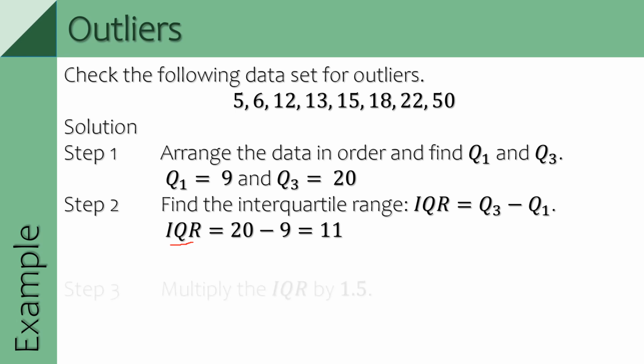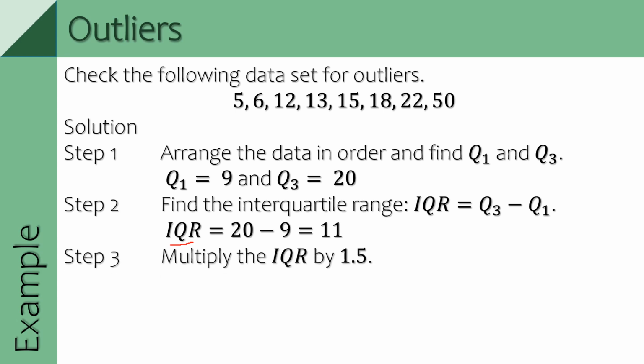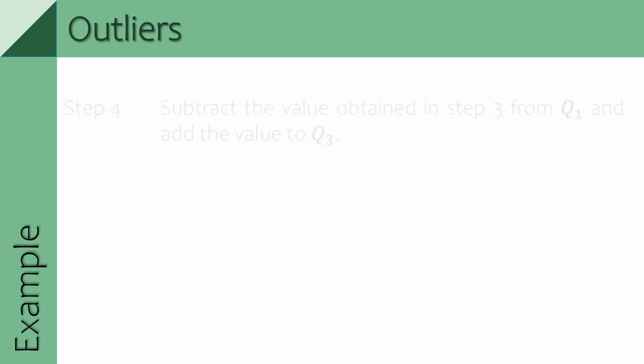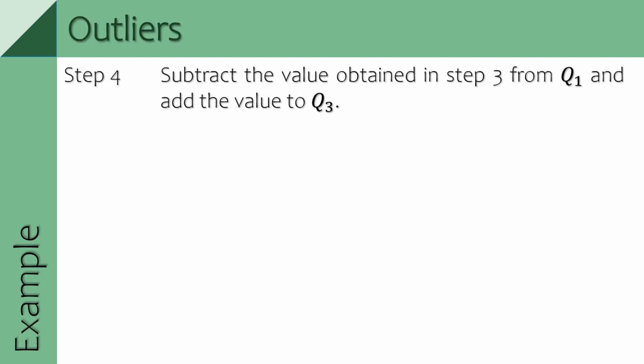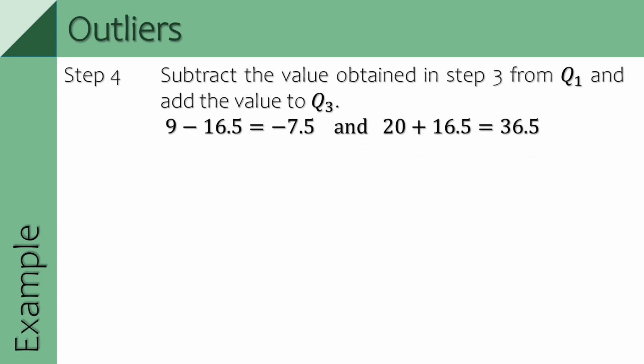Okay, after that, multiply the interquartile range by 1.5. We have 1.5 multiplied by 11, so that is 16.5. What are we going to do next? Okay, step number 4, subtract the value obtained in step 3 from the first quartile and then add the value to the third quartile. We have 9 minus 16.5 is equal to negative 7.5, and 20 plus 16.5, we have 36.5.